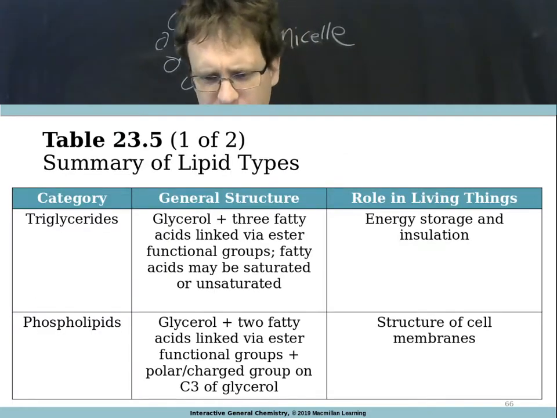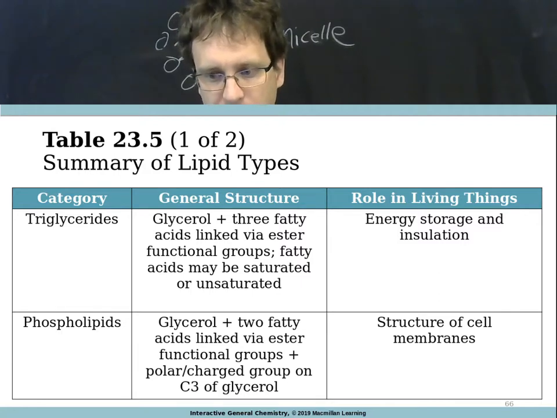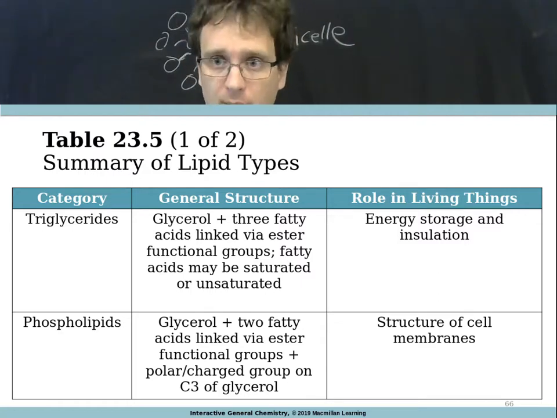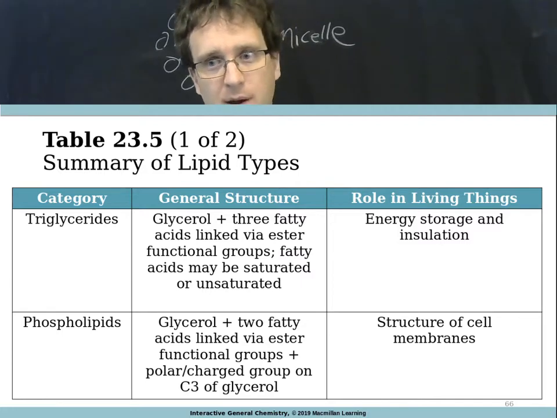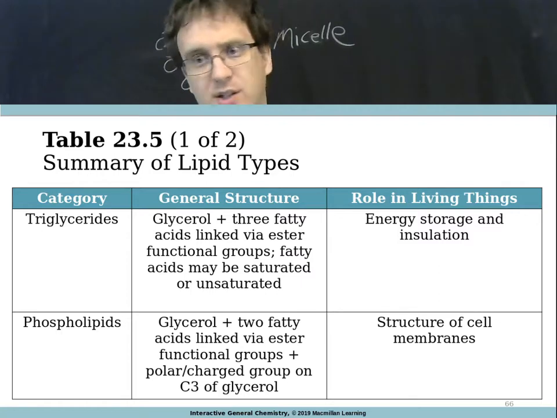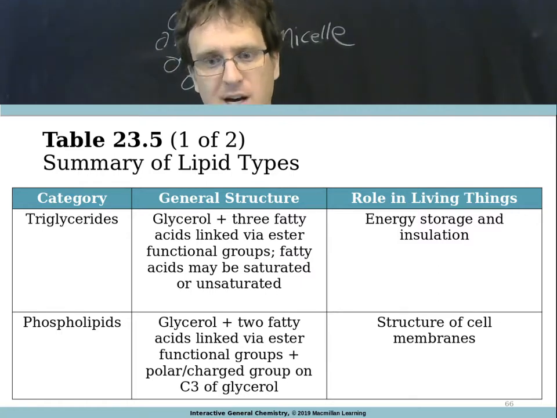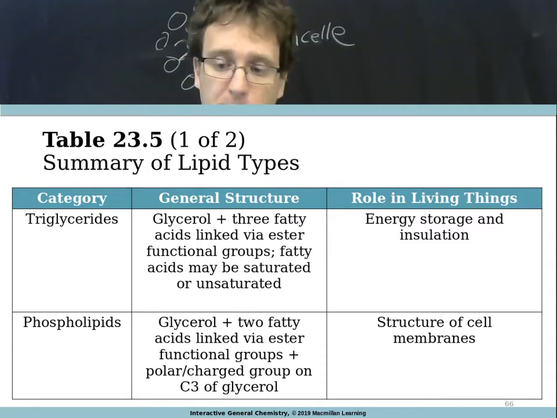So here's just a quick overview of the different types. So triglycerides are the fats that we think of as energy storage, right? That when you eat a lot during the good times and you store excess energy as fat in order to be able to live off of during the lean times, that was their biological purpose.